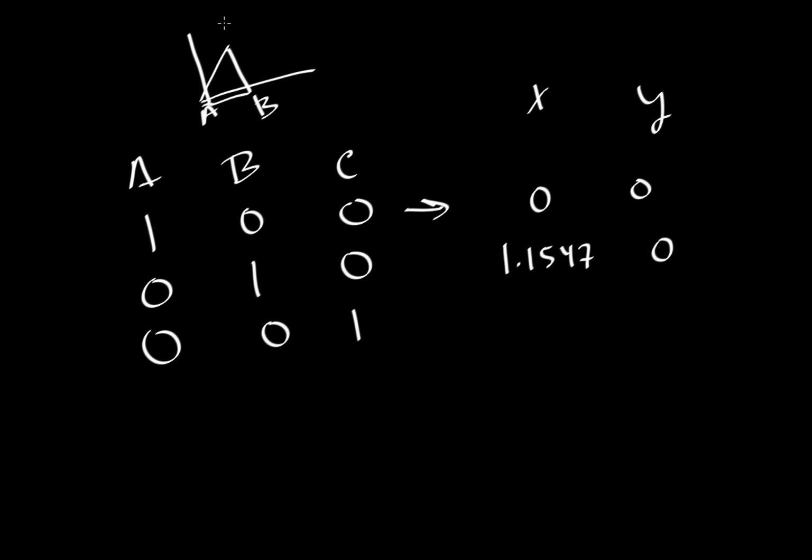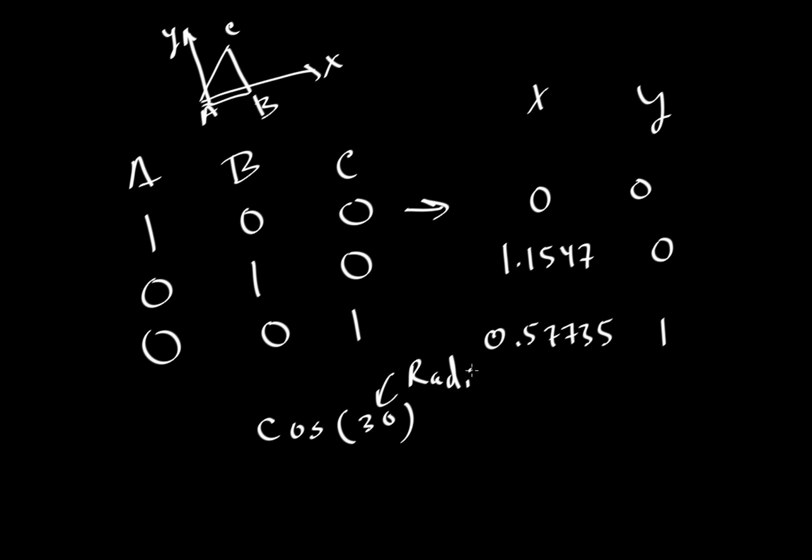So that's A, that's B, and that's C. This is y going up and x to the right. And then for something that is 100% C, it would be 1 on the y-axis, and then half of this x value, so 0.57735 or so.